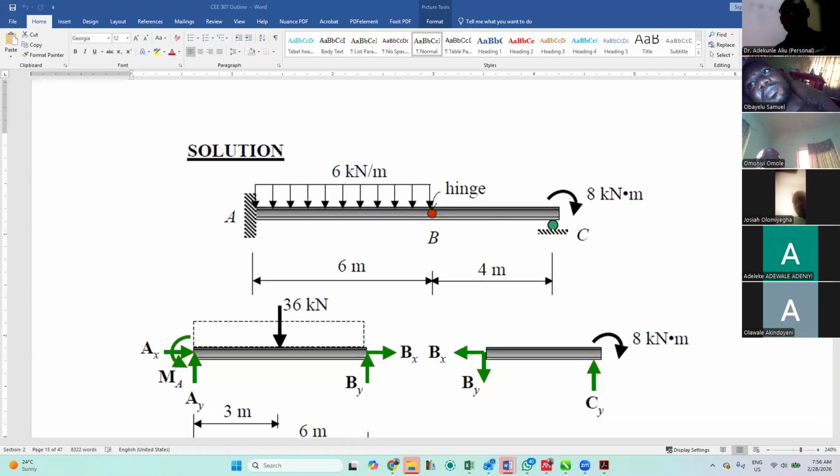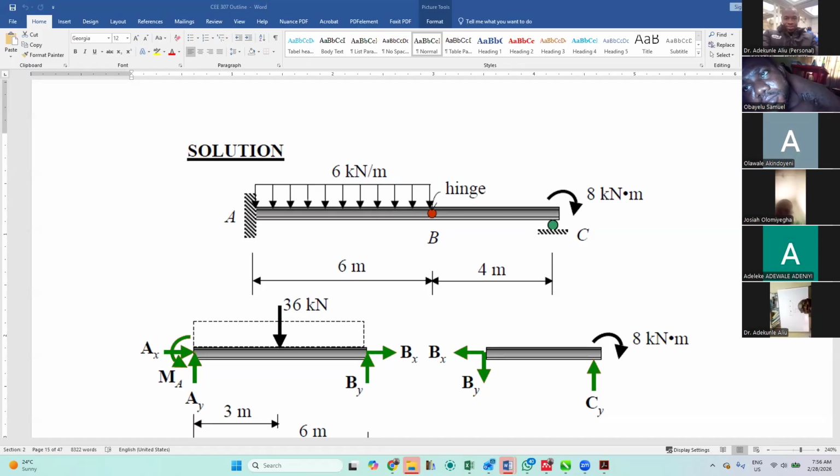Okay, it's clear now. Can you see this screen now?